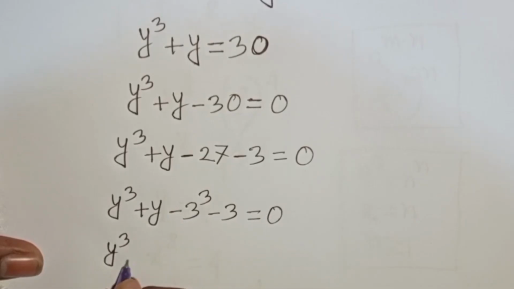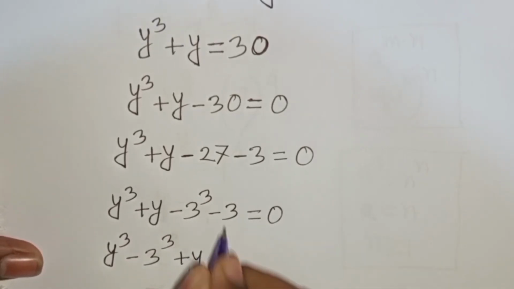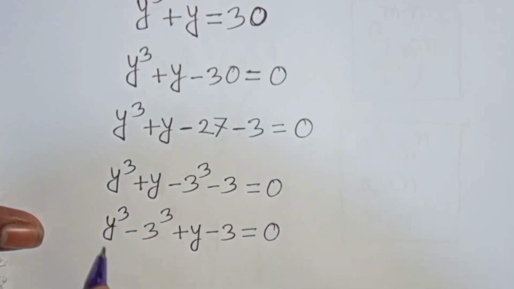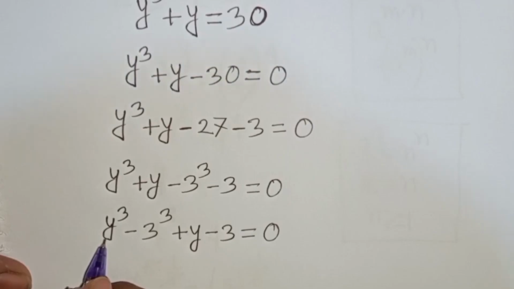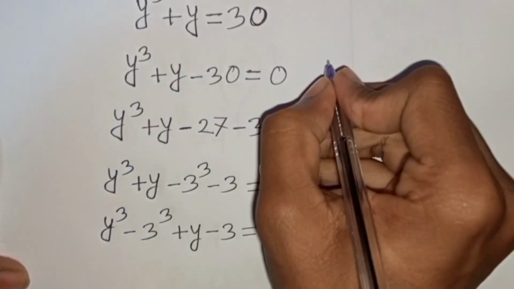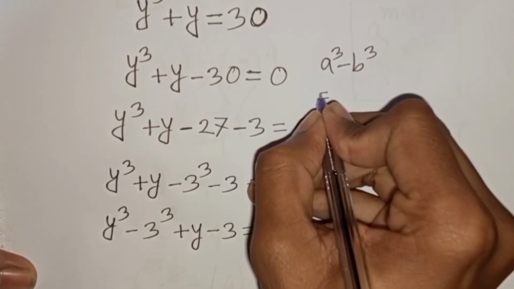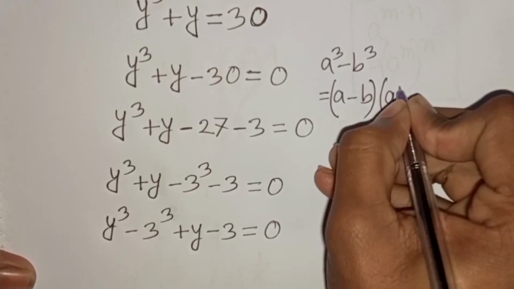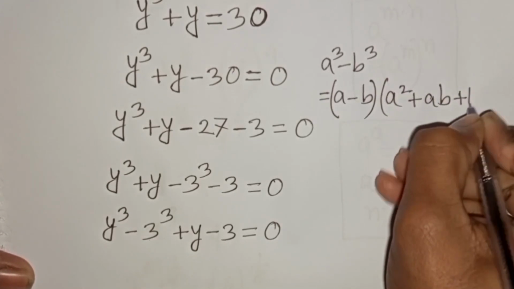Now we have y^3 minus 3^3 plus y minus 3 is equal to 0. Now here you can apply the formula of a^3 minus b^3. Here a is y, b is 3. So according to this formula, a^3 minus b^3 is equal to (a minus b) times (a^2 + ab + b^2).